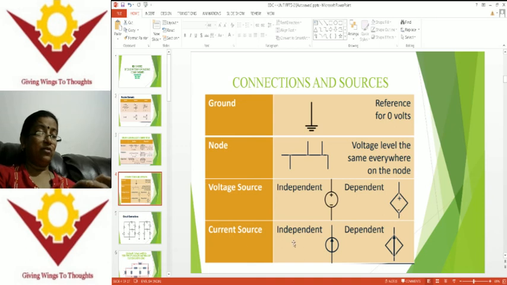Similarly, current sources also have the same notations for independent current source and dependent current source. Independent current source is a circle with an arrow indicating the direction of current flow, and dependent is also in diamond shape with the same current direction. These are the connections and sources symbols.